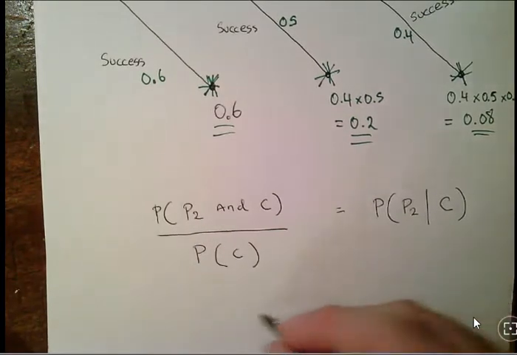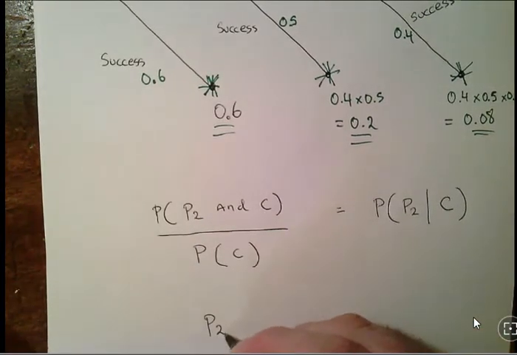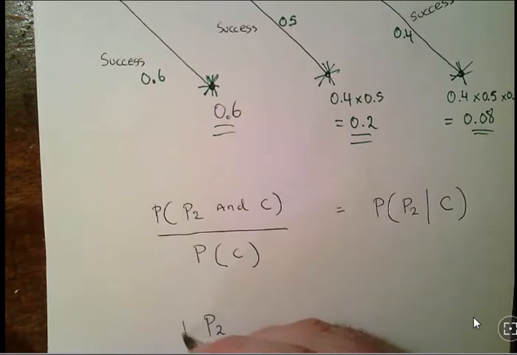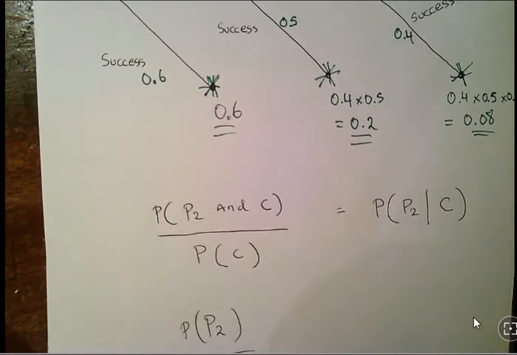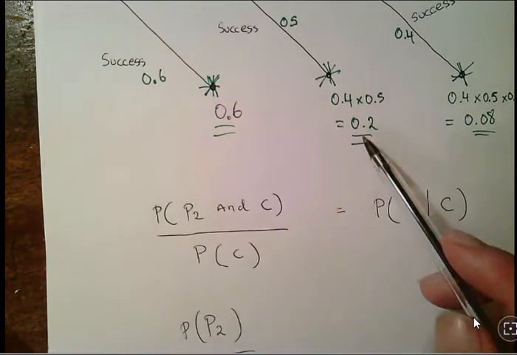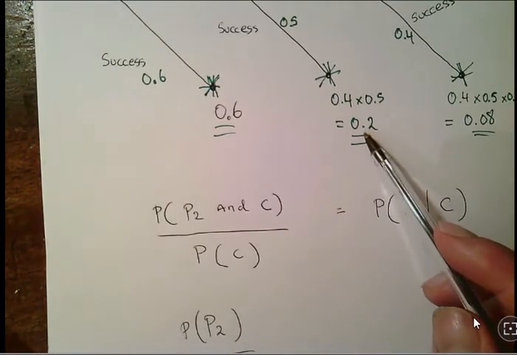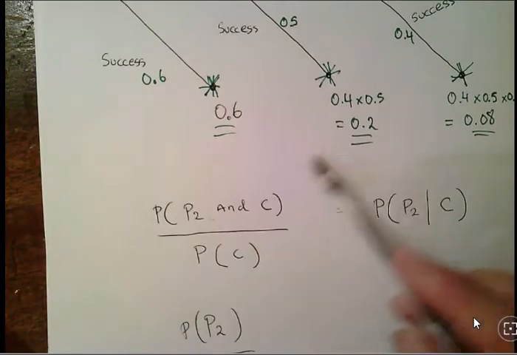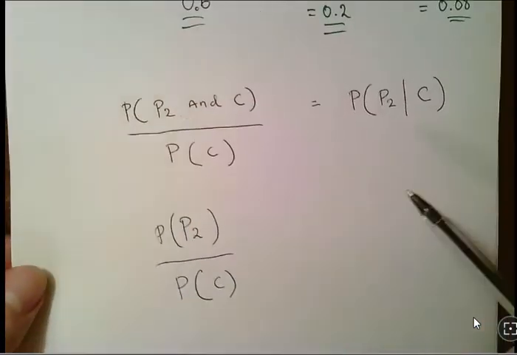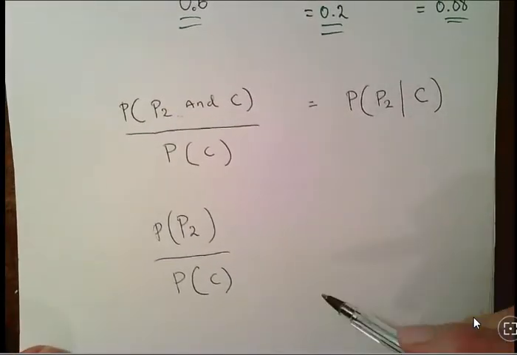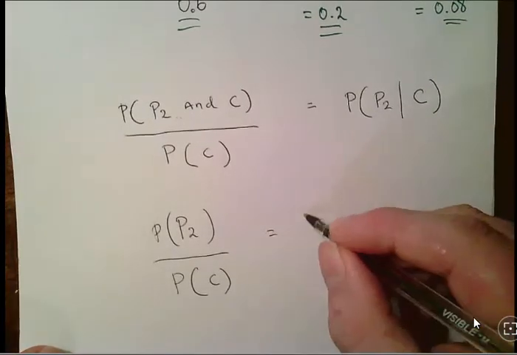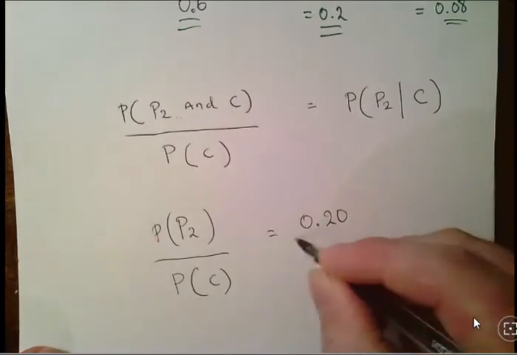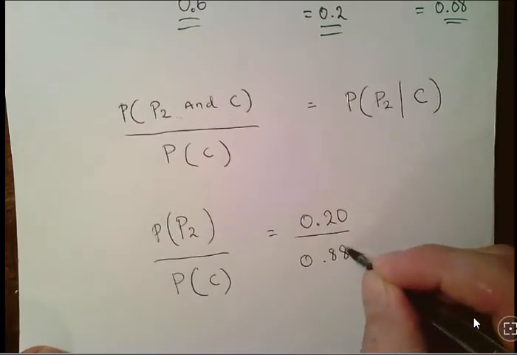So this is how we would adjust it. The probability of being P2 and cured is 0.2. The probability of being cured by one of the 3 prescriptions is 0.88.